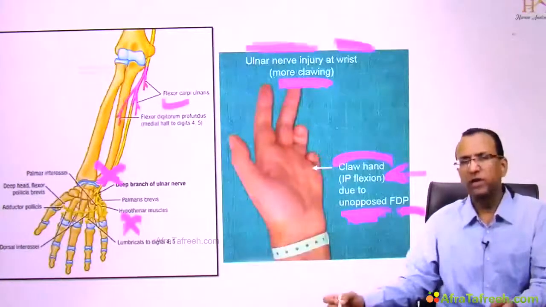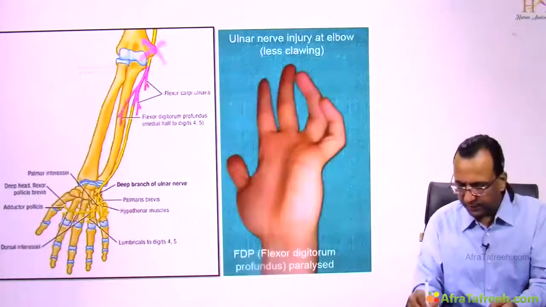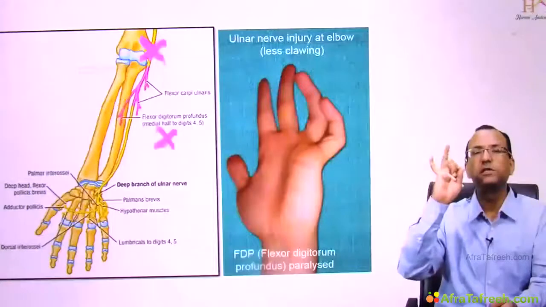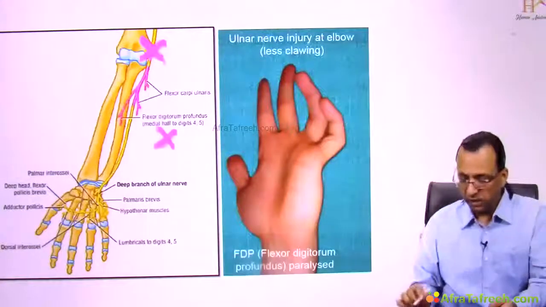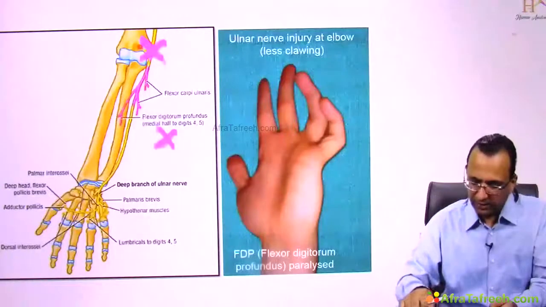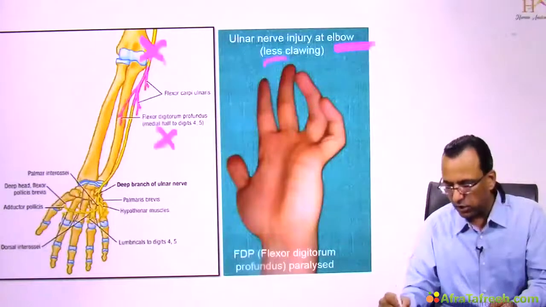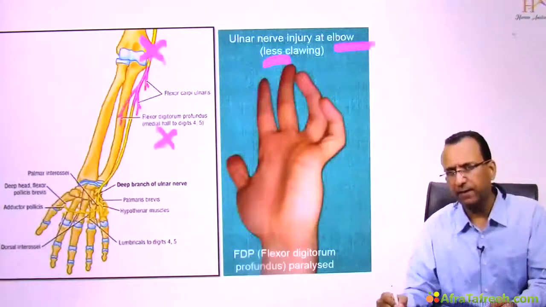Now, understand, what will happen if the ulnar nerve is damaged here? Then the FDP is also gone. And who will do this? It will be less clawing. Understood? See, if the ulnar nerve is damaged at a high level at the elbow, there is less clawing. Why less clawing? Because who was doing the clawing? The FDP.